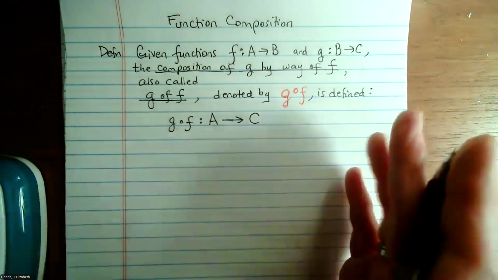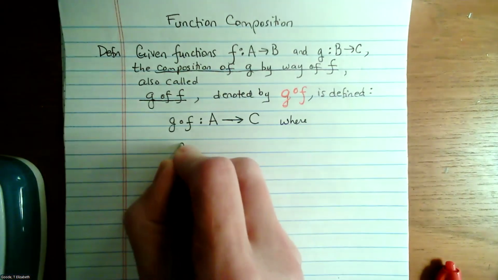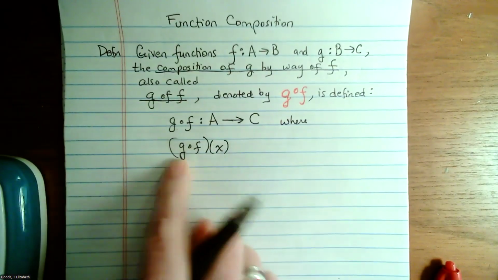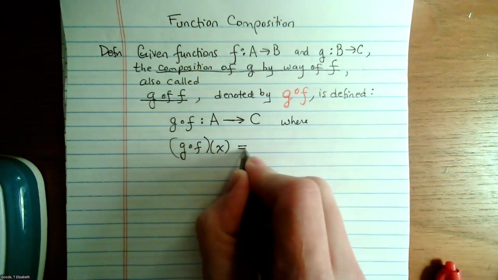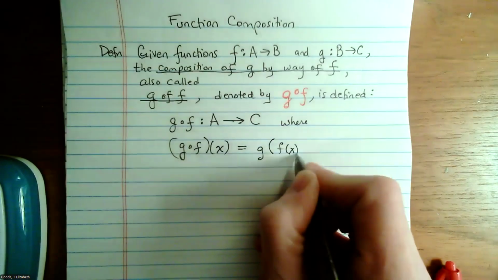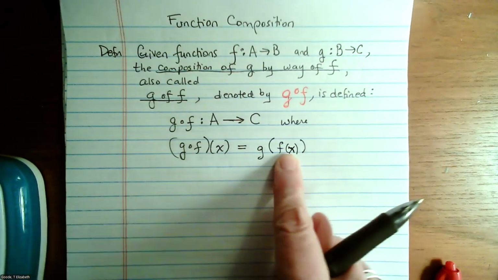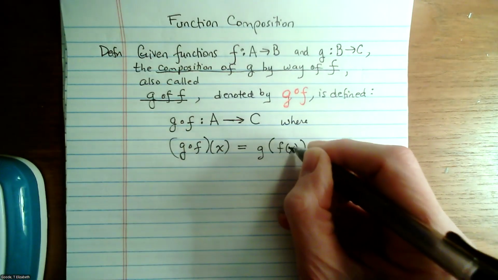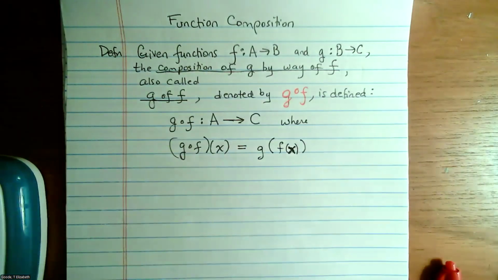And the technical definition is where G of F of X, and yes, we do put parentheses around G of F, is actually equal to G of F of X. In other words, you drop F of X into G, and that's what it acts on. Instead of just a plain old X, it's acting on F of X.